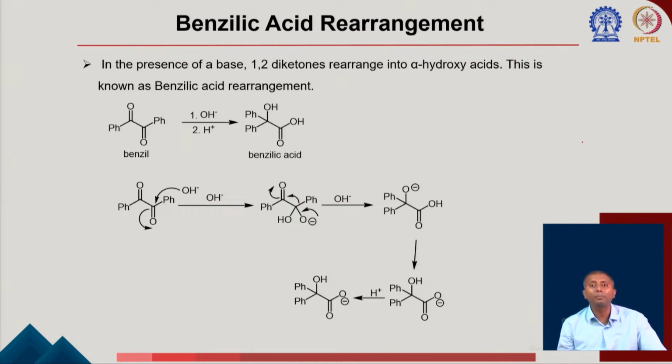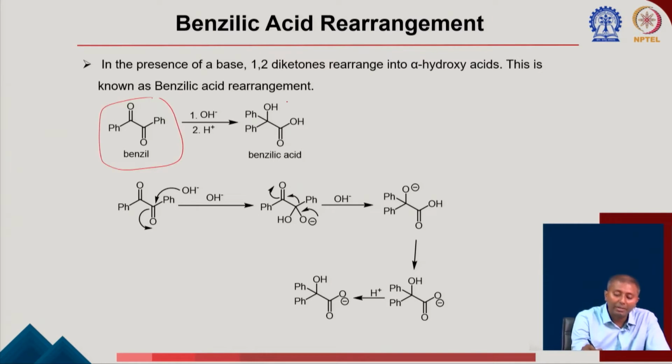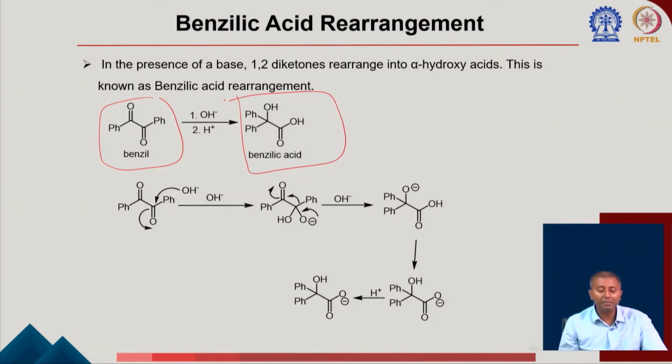Now I am going to talk about the benzilic acid rearrangement. It is giving benzilic acid from benzil in the presence of base. So what is happening in this reaction? The base is not able to find any proton to abstract, as there are two phenyl groups.